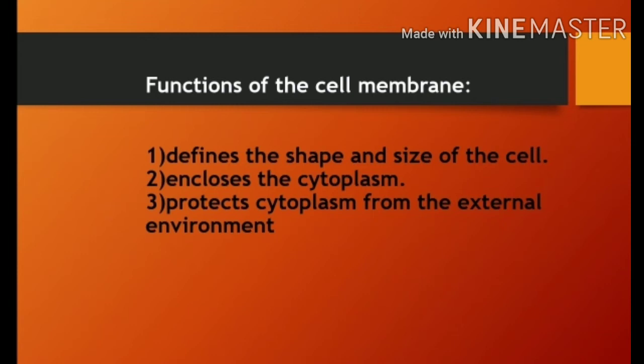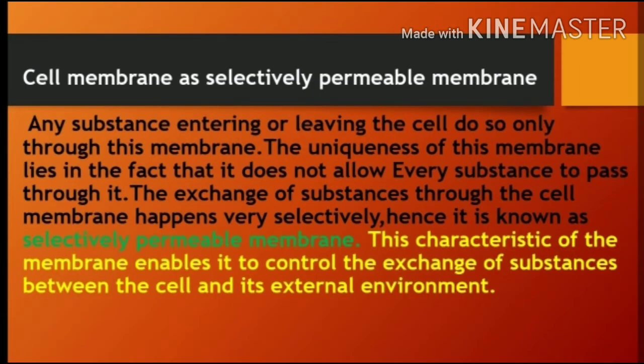These are all the functions of the cell membrane, and now we are going to study one of its unique characteristics: the cell membrane acts as a selectively permeable membrane, because any substance entering and leaving the cell can do so only through this membrane. They can pass only when this membrane allows them.